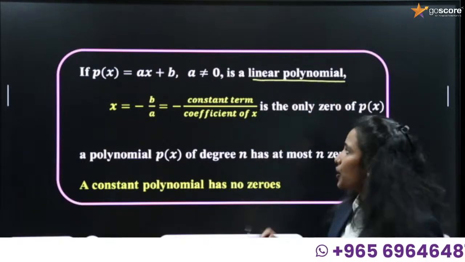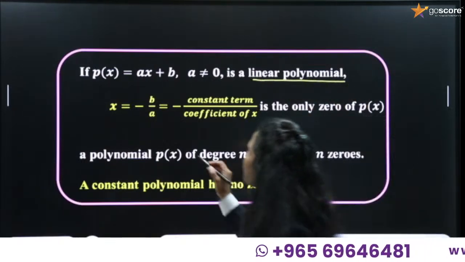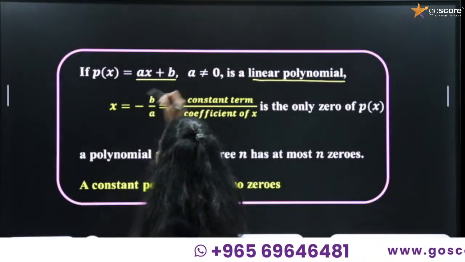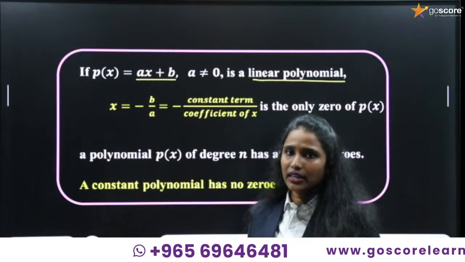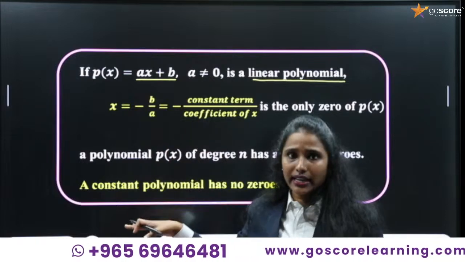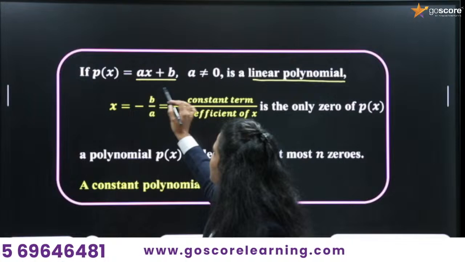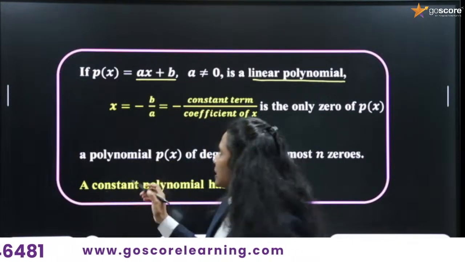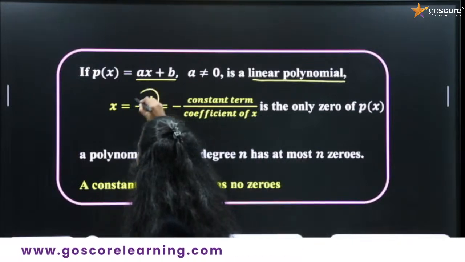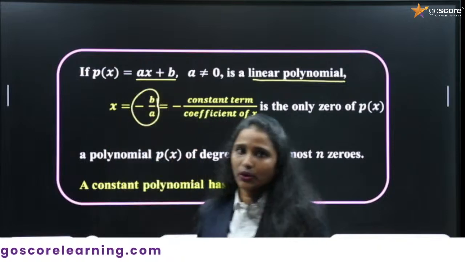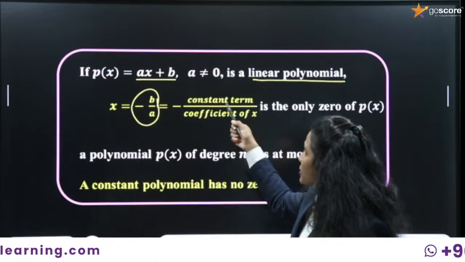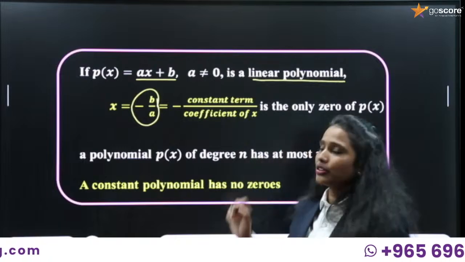So the zero of a linear polynomial, general form is ax plus b. a is the coefficient of x and b is the constant term. If ax plus b is the polynomial, then its zero is minus b by a. Minus the constant term divided by the coefficient of x.